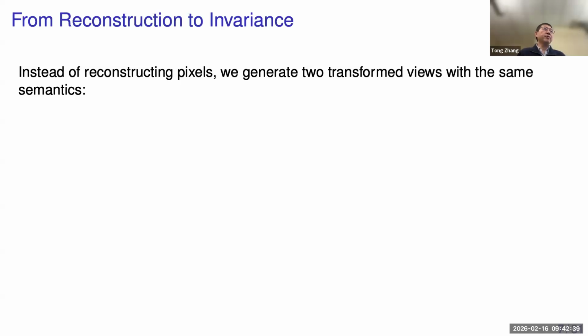For example, if I have a cat, I just shift this cat, that's one view; rotate this cat, that's another. We can use some other transformations as well. Basically, X goes to something. Now we say these two transformations preserve your semantics. Therefore, they should be mapped to the same representation. f(x1) should be very similar to f(x2).